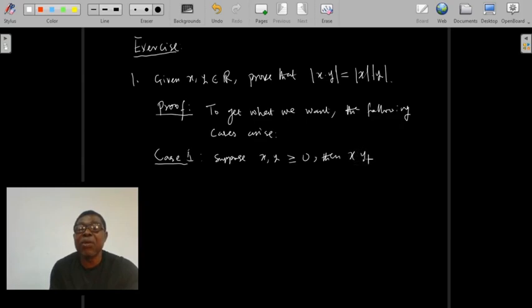x times y will also be greater or equal to 0, because the product of two non-negative numbers is also non-negative. We have therefore that the absolute value of x will be equal to x.